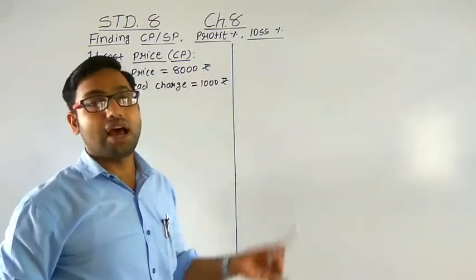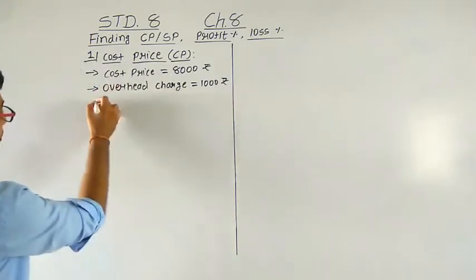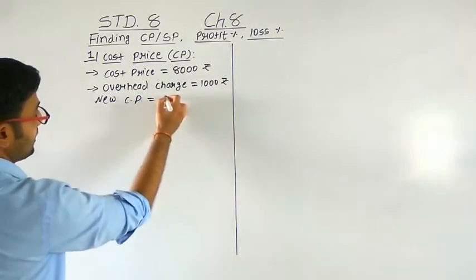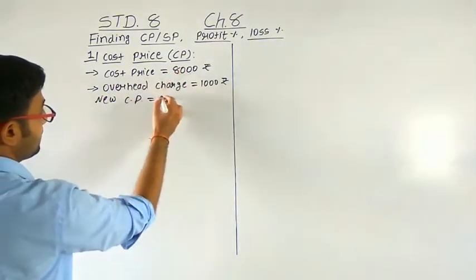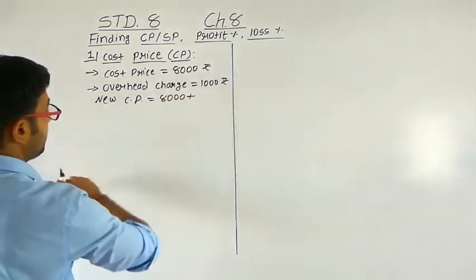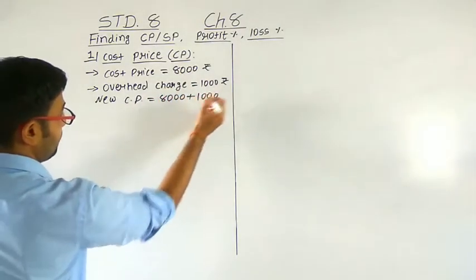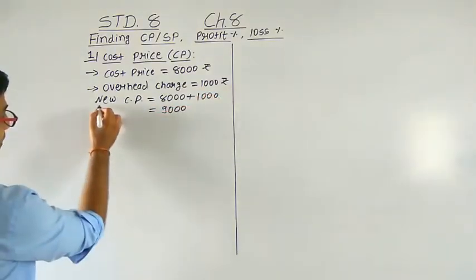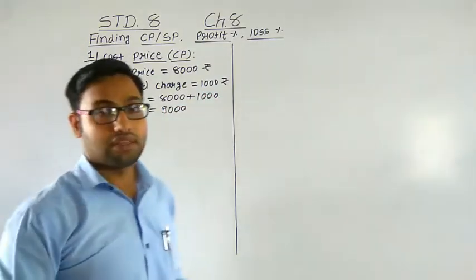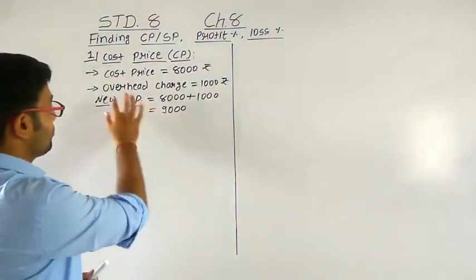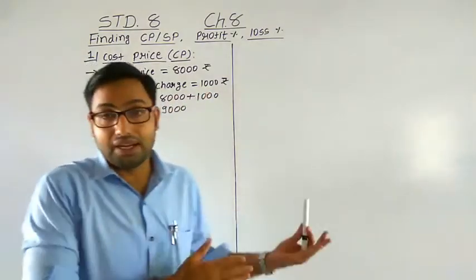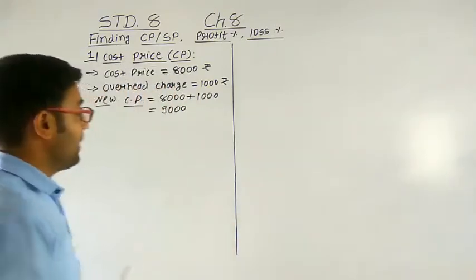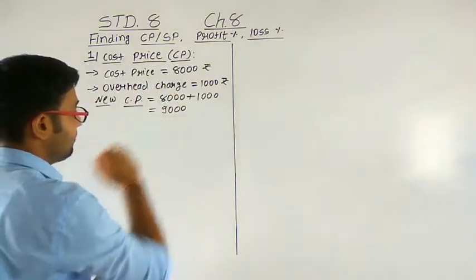Your cost price has changed. The new cost price will be 9,000, because you paid an overhead charge of rupees 1,000 to repair it, as it had some fault.